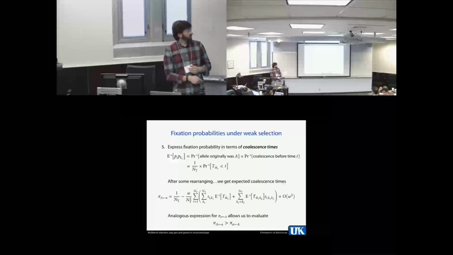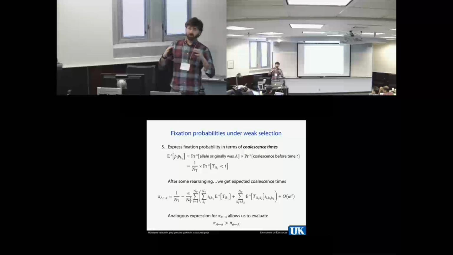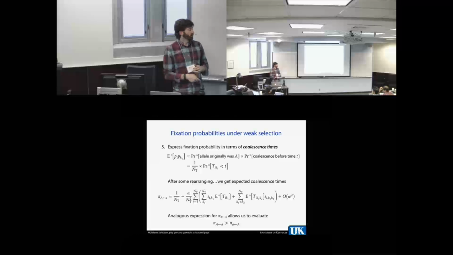And then we can get an analogous expression for the other fixation probability, and that allows us in a general way to evaluate this condition of when A is going to be more common than little a in the long run. When is it going to fix in a population more commonly than the alternative fixes?